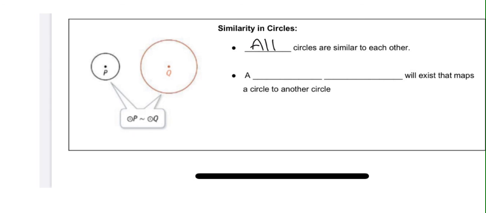And then a similarity transformation will exist that maps a circle to another circle. So you won't really have to solve anything for circles, but you should remember these facts for certain things. If you have any questions on 7.2, let me know on Remind or Google Classroom.